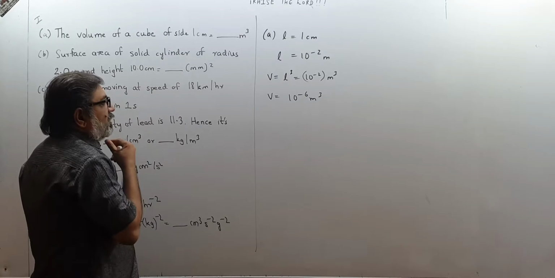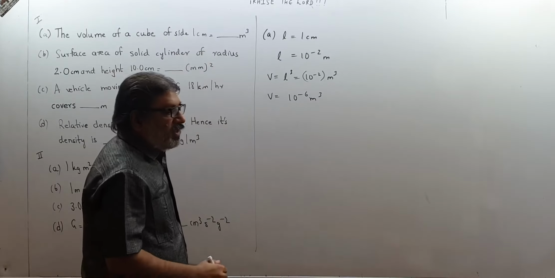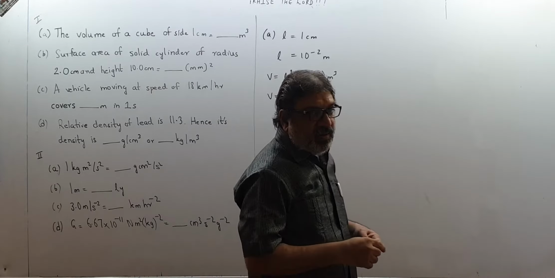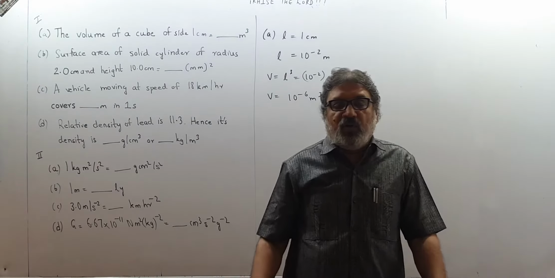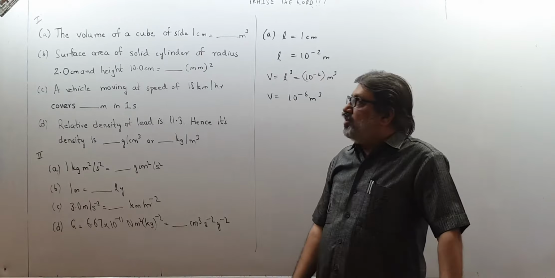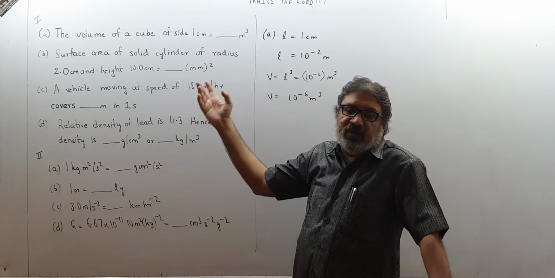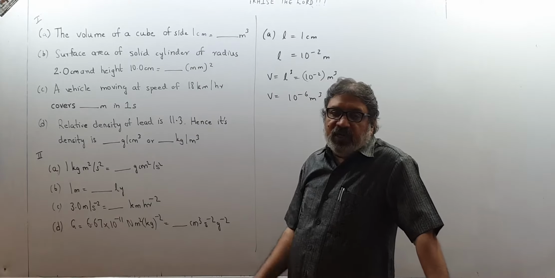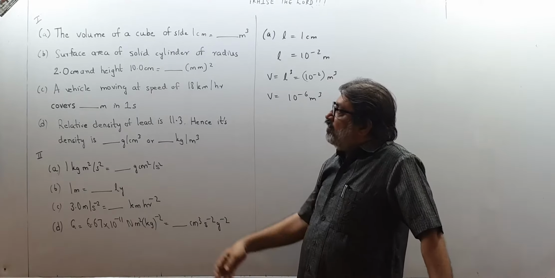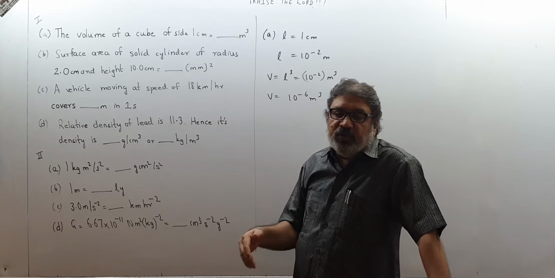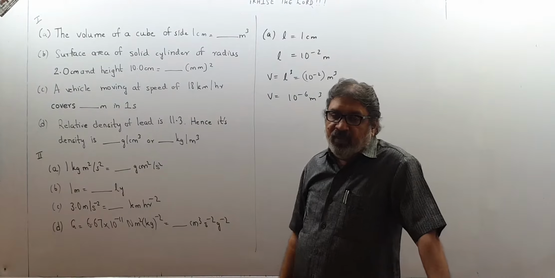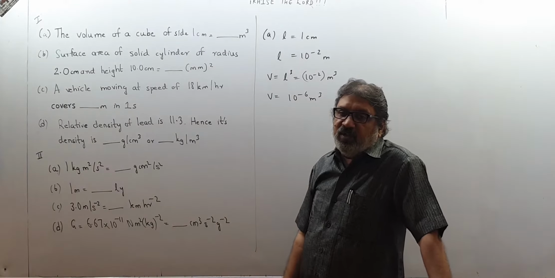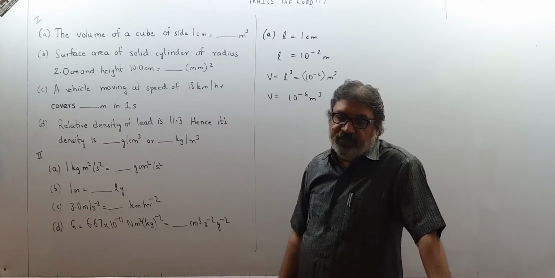Children, please remember over here, whatever data was given to us as 1 centimeter, there was precision for no decimal. That means you are not sure what is the value of the length of the side after the decimal. Therefore, length was only given as 1 centimeter. It was not said 1.0 or 1.01, 1.02, nothing. That means there is precision only up to the complete integer.